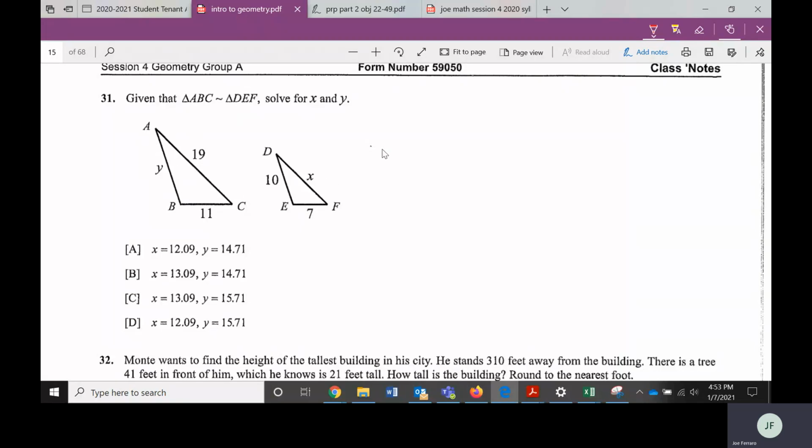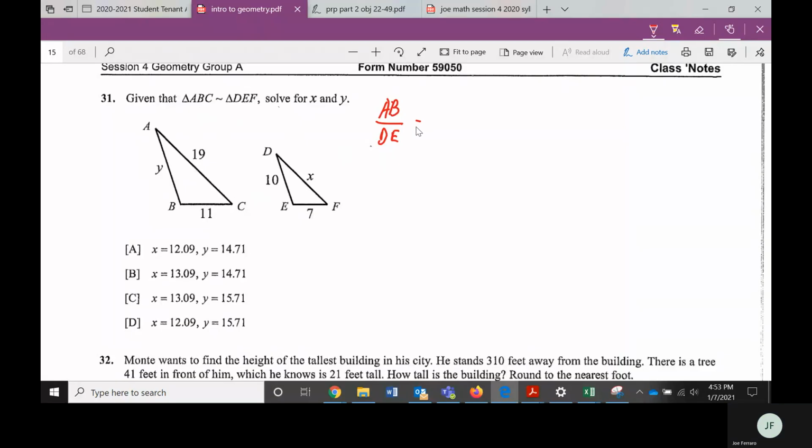triangle. So what that means is if I looked at this side, it looks like it's the bigger version of this side. So AB would match up with DE. So DE would be shrunk. Now if we look at how this is written, AB and DE are the first 2 letters used.